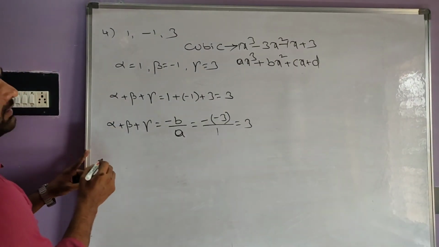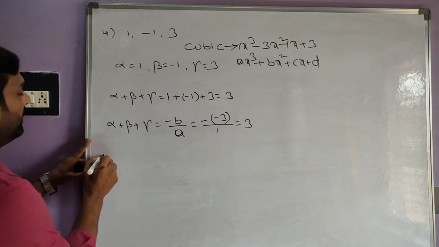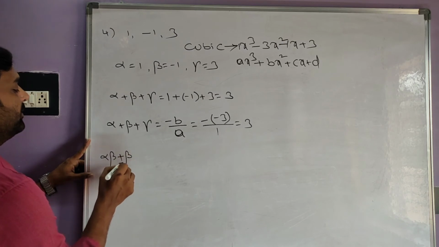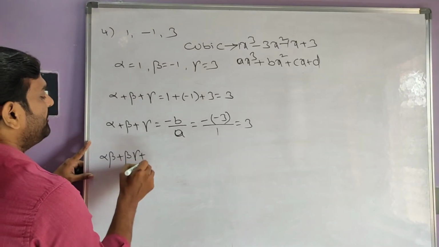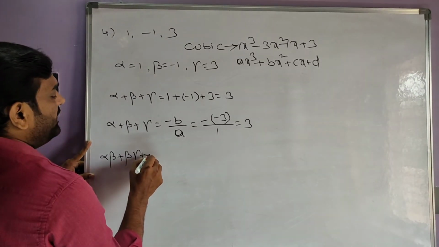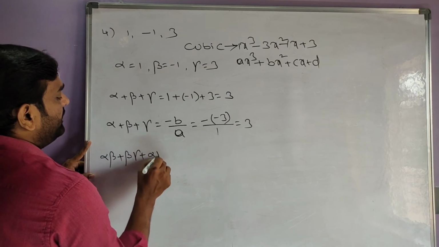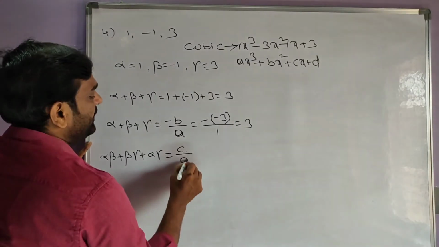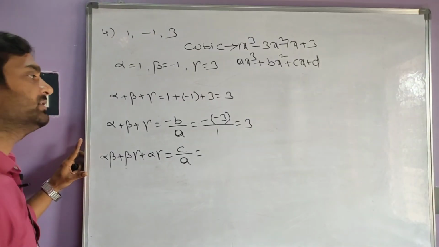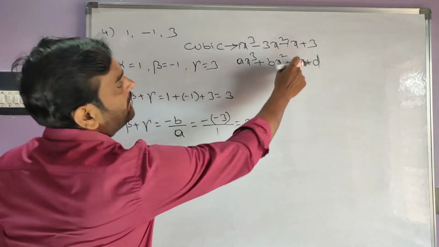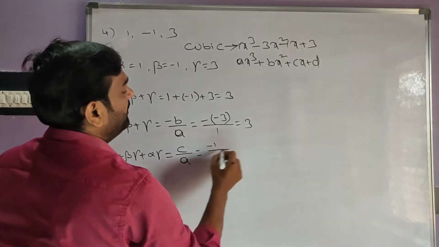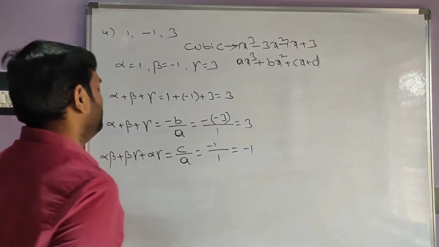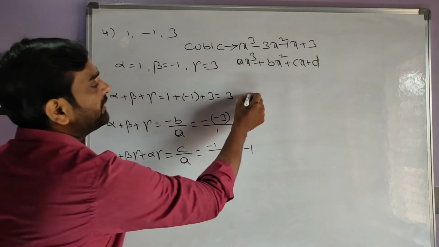And the sum of the products of two roots, alpha into beta, beta into gamma, gamma into alpha, is equal to c by a. What is c here? Minus 1, by a which is 1, so minus 1. We got these two are equal.